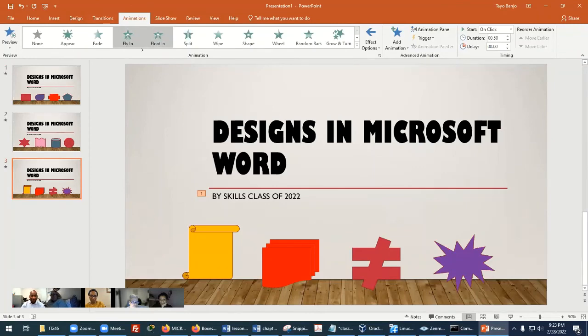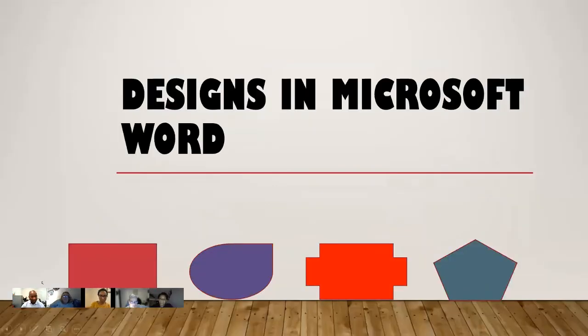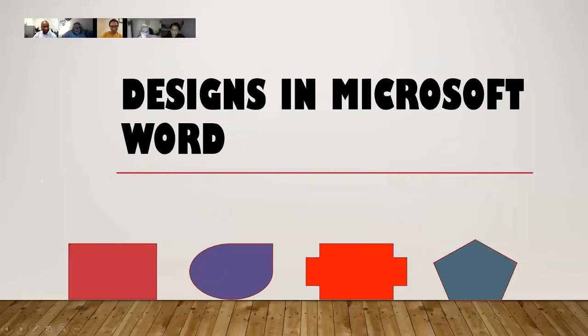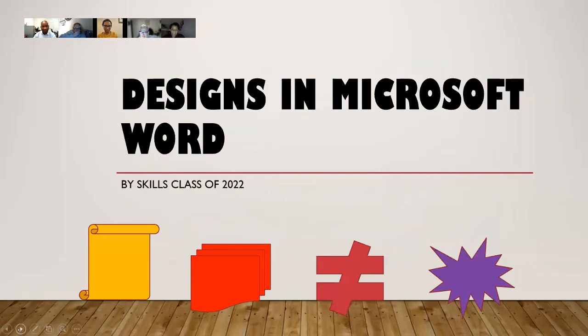So if I run it, it's going to look interesting. Go to slideshow, from the beginning. Now once I start to roll the slide, see that there? Next slide. See that? Next slide. So there are a lot of interesting things.